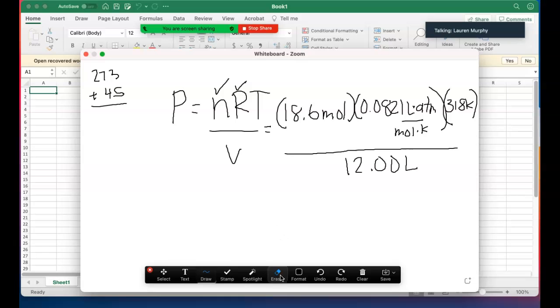Okay. Before you do any of the math, I want to show you how the units work out. There's a mole right here, and then there's a mole down here. They cancel. Kelvin right here, Kelvin down here. They cancel. Liter, liter cancel, and we're at atmospheres, which is pressure. So you do 18.6 times 0.0821 times 318 divided by 12.